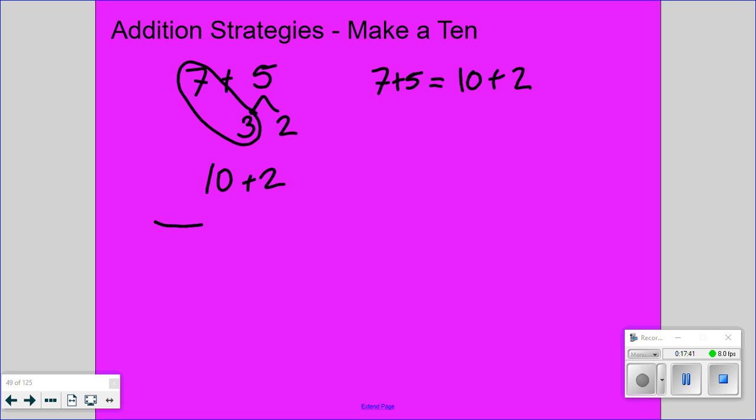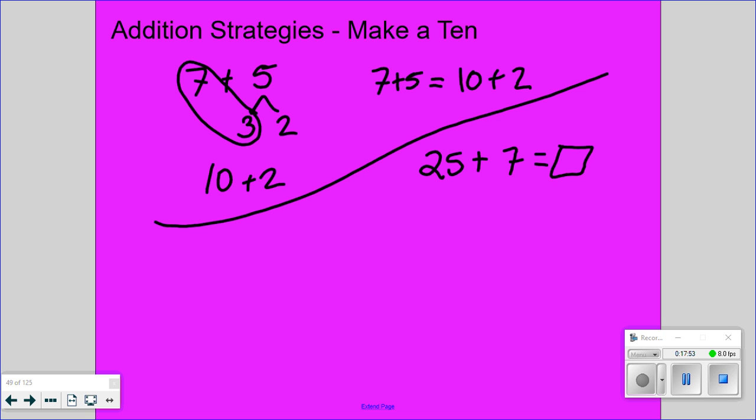All right, let's talk about a multiple of 10. This is like the kicked up version. 25 plus 7. Now, I could break apart from my 25 to make that 7 into a 10.